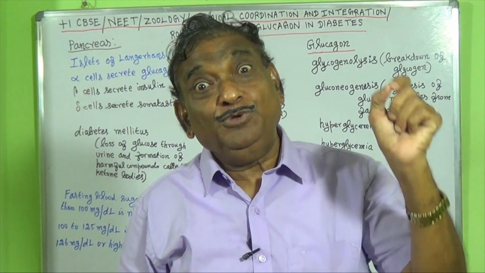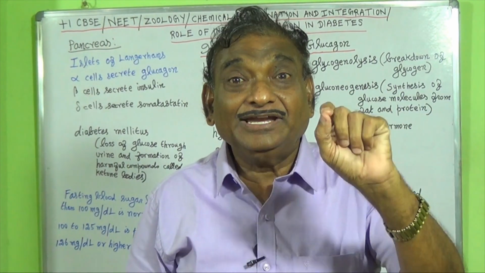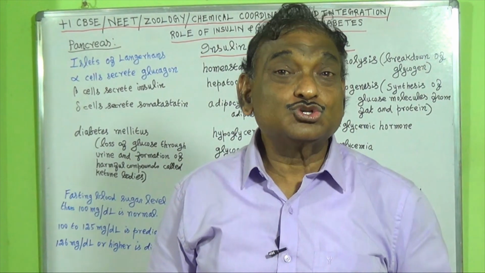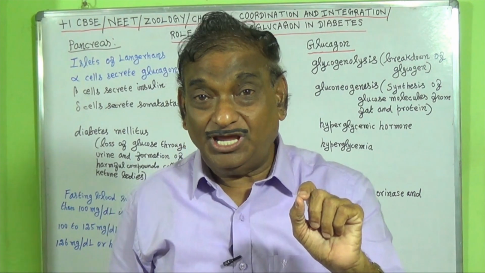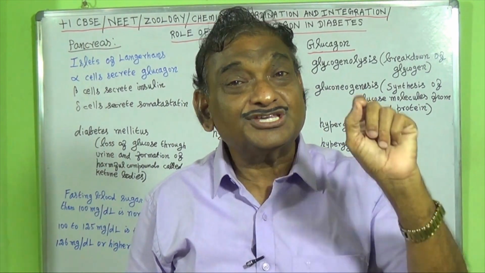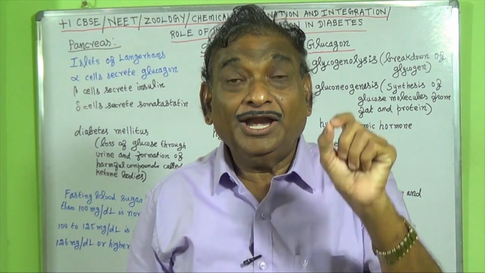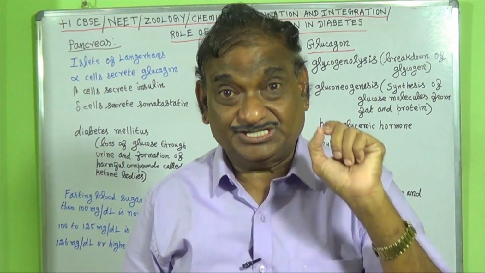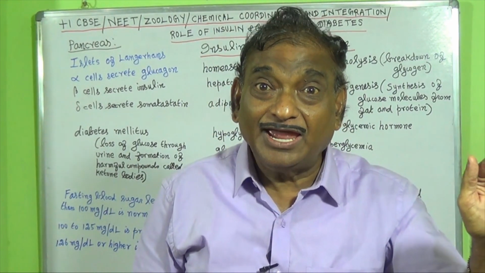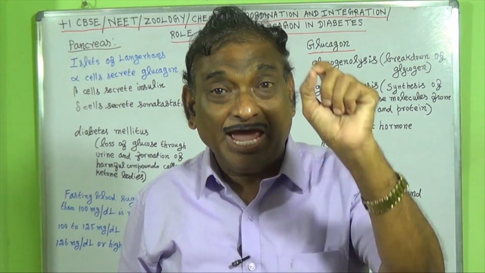Because our immune system mistakenly attacks and damages the beta cells, so the insulin is not synthesized by the beta cells. In the case of type 2 diabetes, the body does not respond to the insulin. We can prevent the type 2 diabetes.